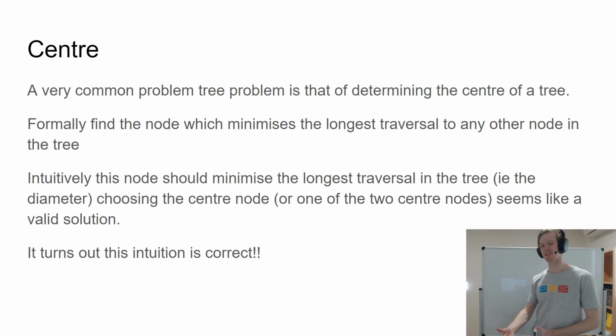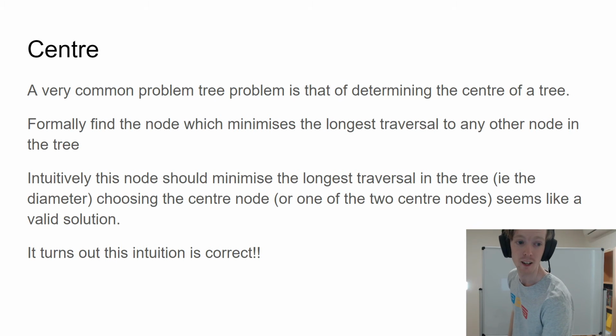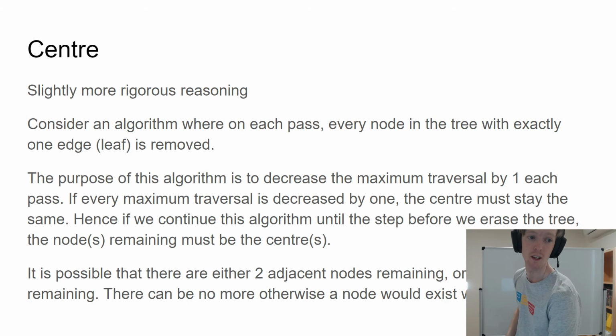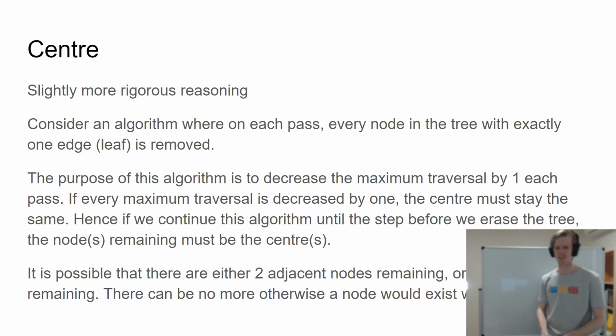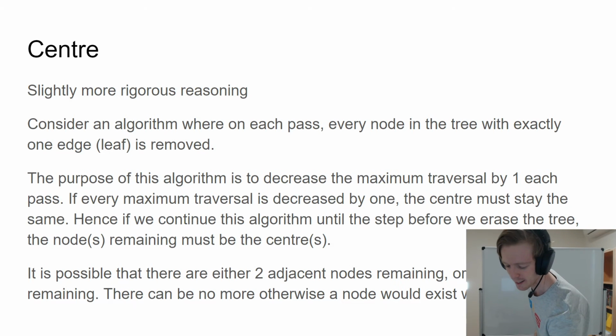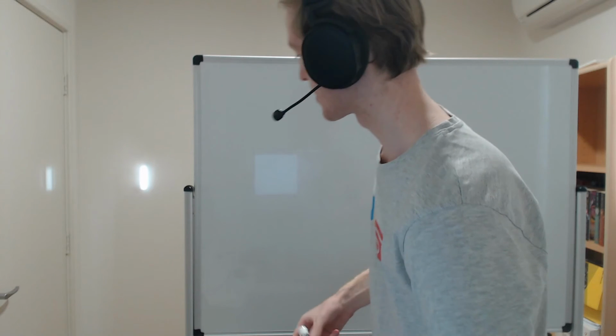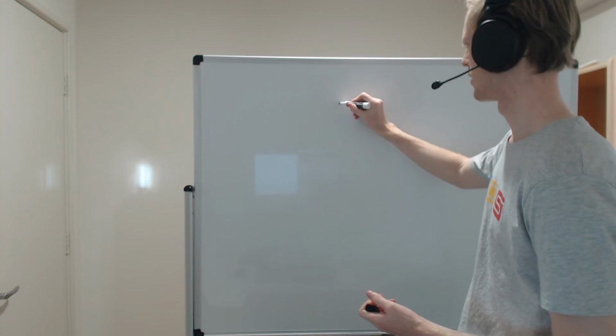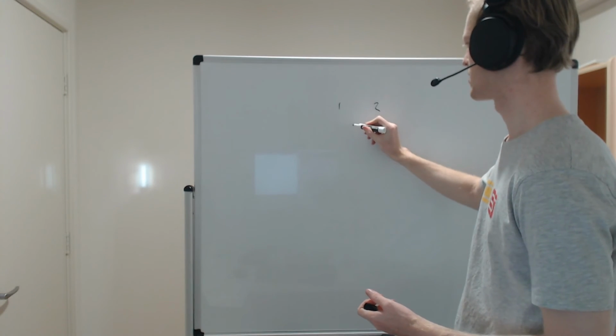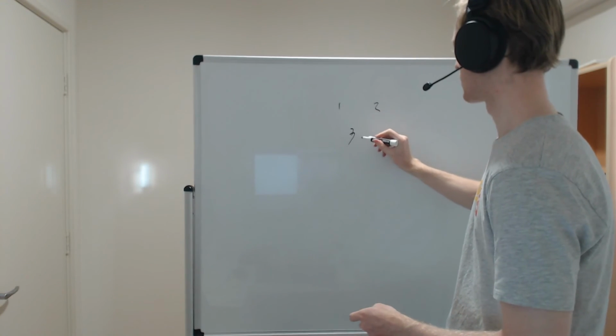So to talk about this in a little bit more detail, I'm going to define another algorithm. I'm going to consider another way of finding this center. So if we have some tree, I'll again draw it out. It'll be a little bit more complicated a tree, so we'll have around about 10 nodes, just so that it's not trivial to find the center.